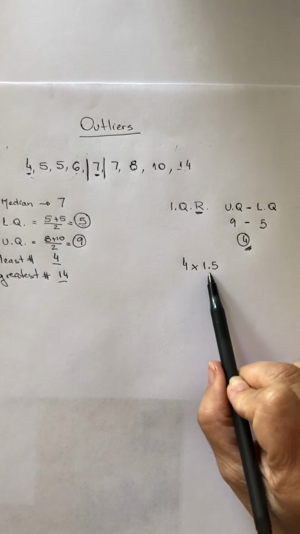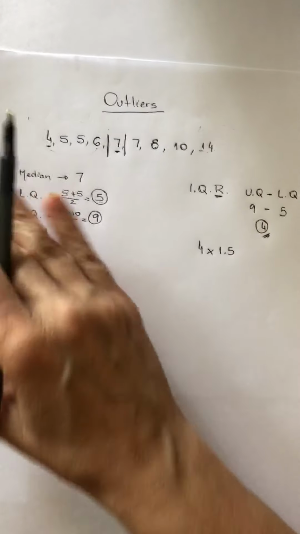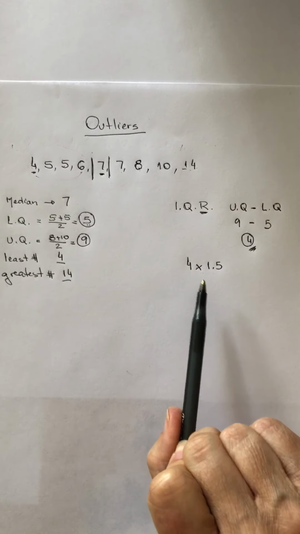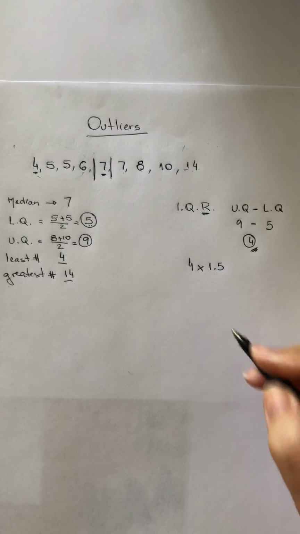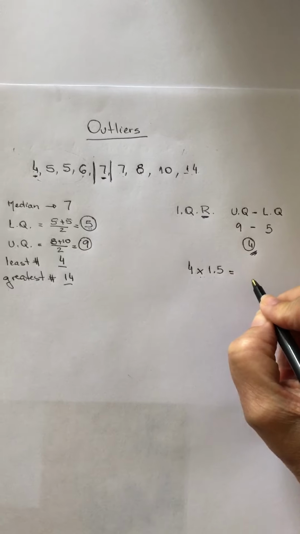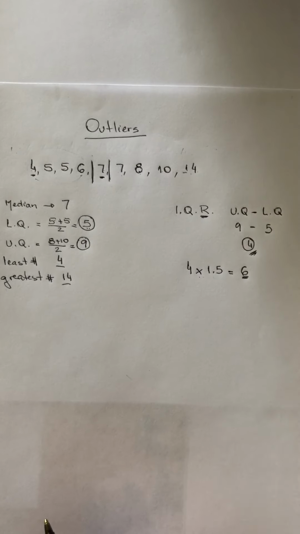So 4 times 1.5 is the same thing as trying to find out 50% more of the information I have and see if all my numbers fit inside that profile. So 4 times 1.5, I use my brain or my calculator, and this is going to give me 6.